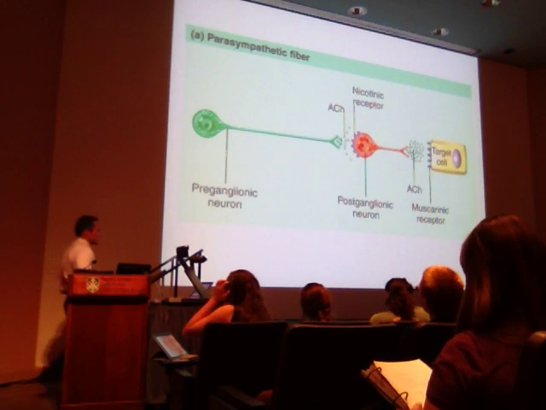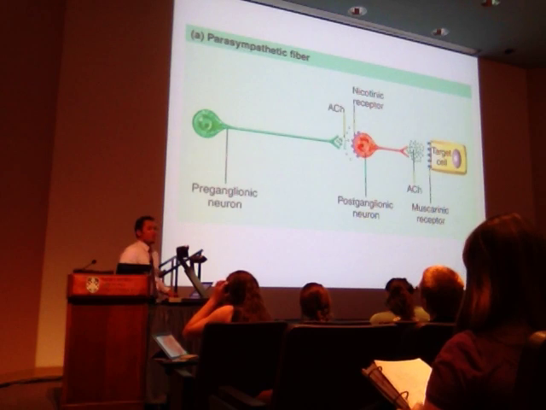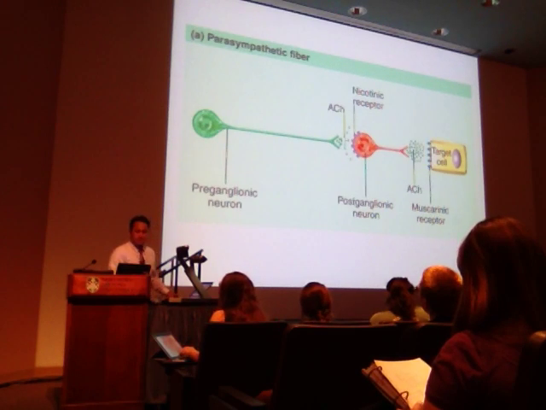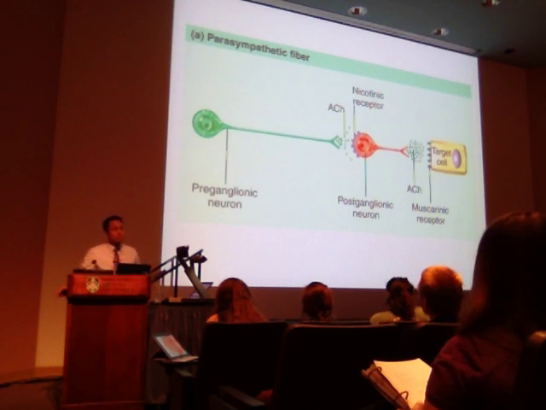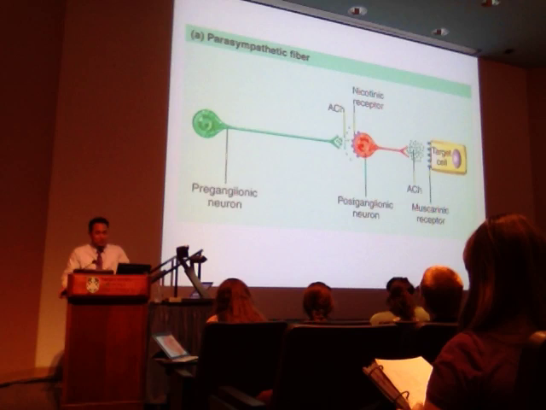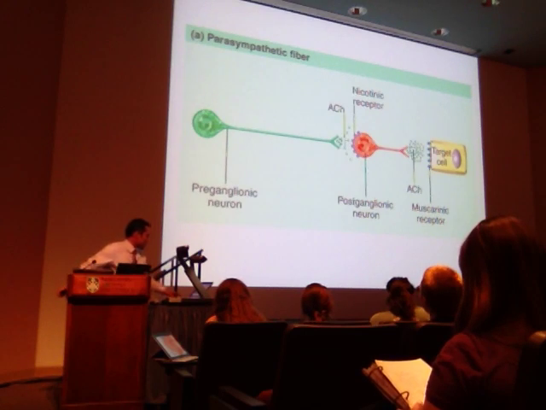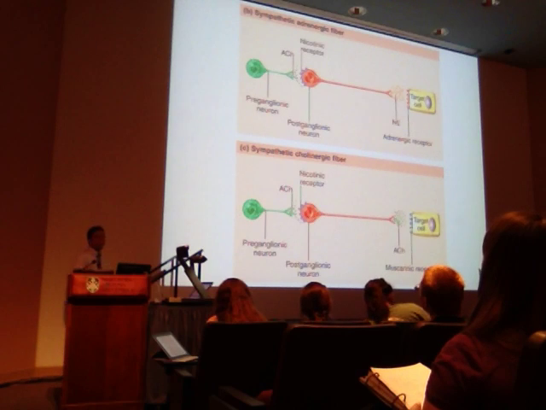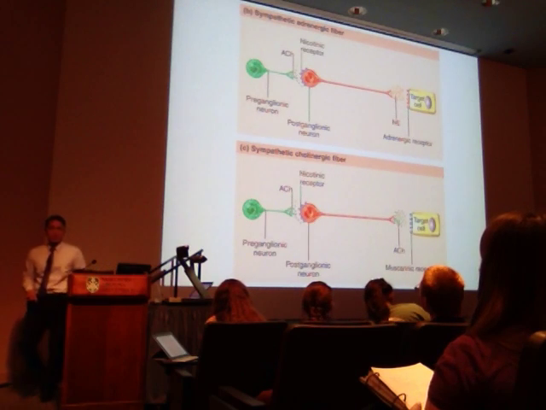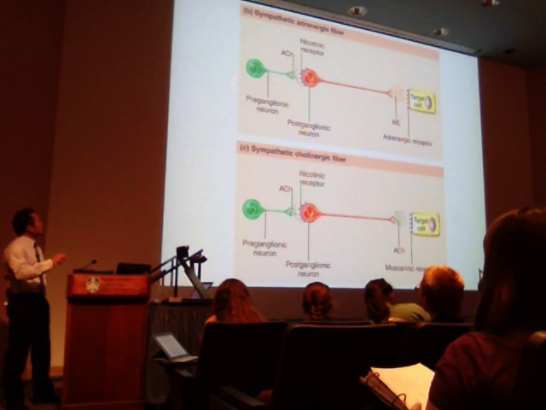Now our sympathetic fibers is where we have our option because it's usually one, but not always, right? So it's usually adrenergic on the post, and every now and then it's cholinergic. So if we look at this, we have two different options of sympathetic fiber architecture. We've got our sympathetic adrenergic fiber and our sympathetic cholinergic fiber.